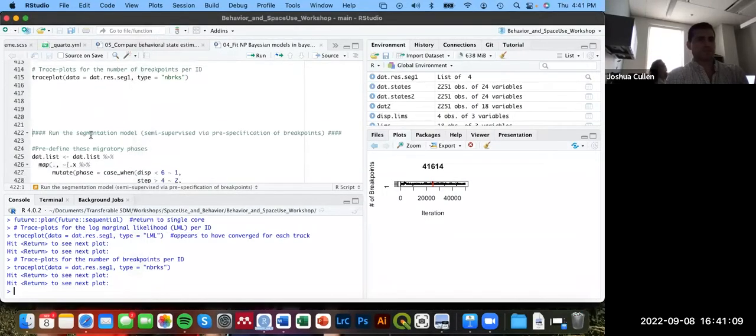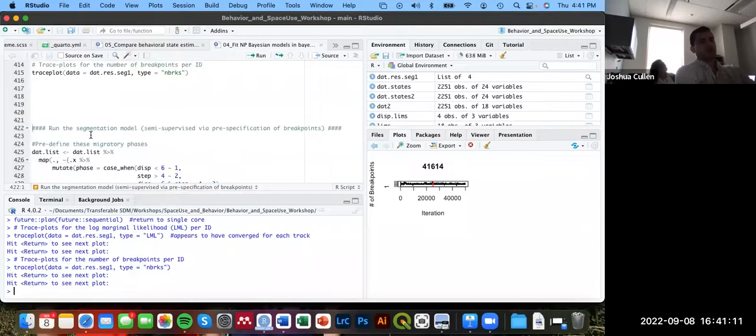And the one nuance of this type of model is that because there's different numbers of breakpoints, and breakpoints occur at different locations on each time series, each track, we can't average them together like you'd normally do with a Bayesian model. So what we do is take the MAP estimate, which I said before is essentially our best guess, our best estimate from the whole model. So we're going to say that hopefully that best estimate, the highest likelihood, will result in the best breakpoints that break this track up.